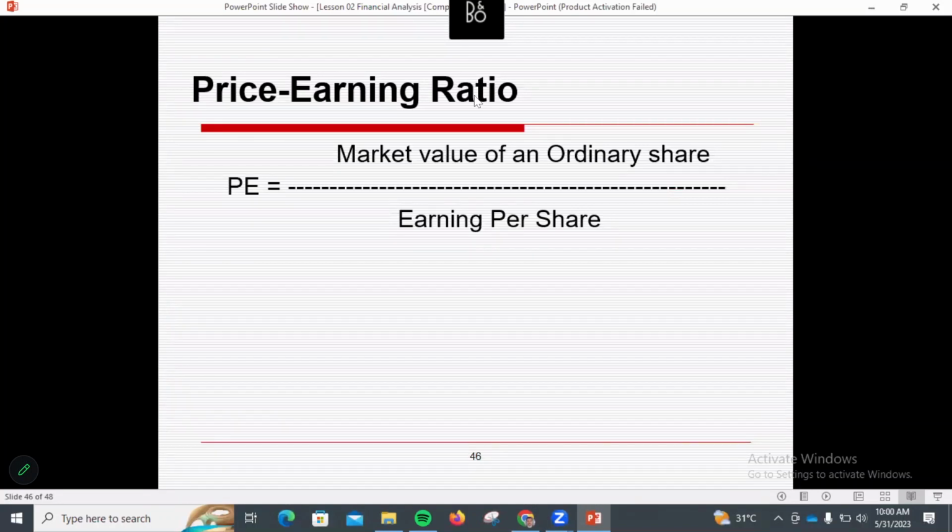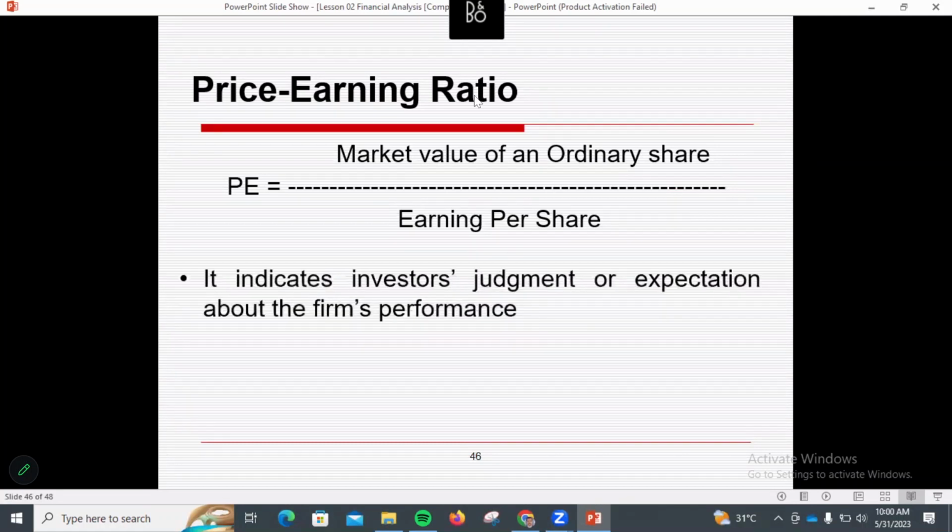The market value of an ordinary share should be compared with the earnings per share. It indicates investor judgment or expectation about the firm's performance.